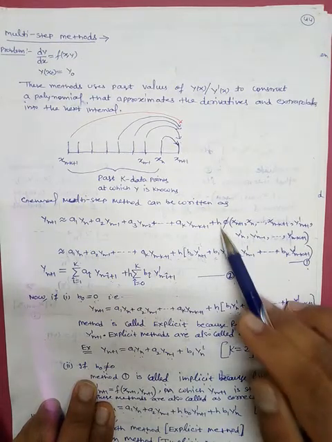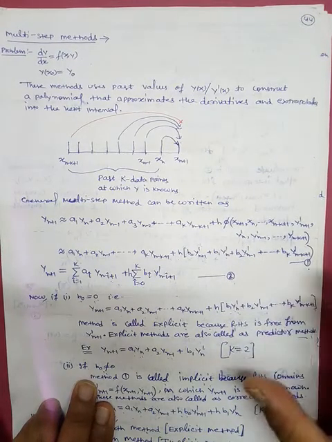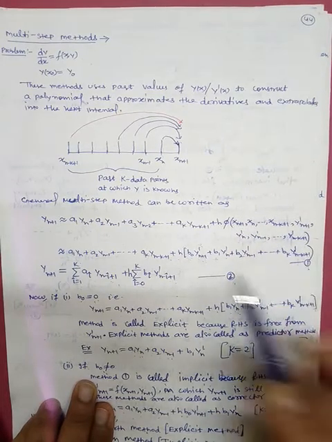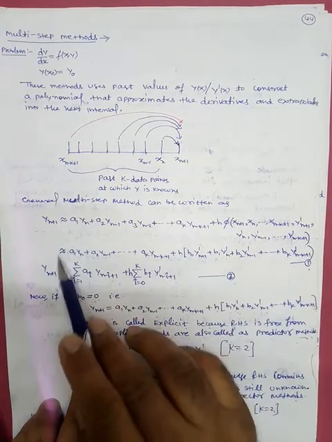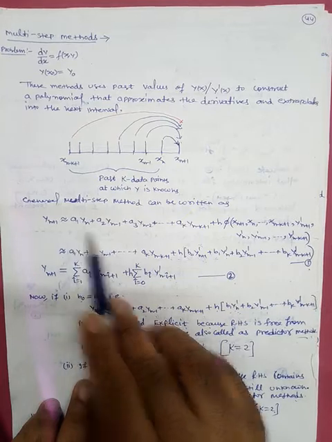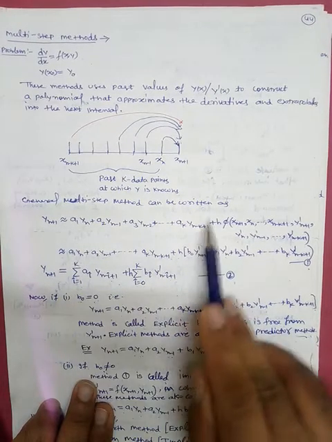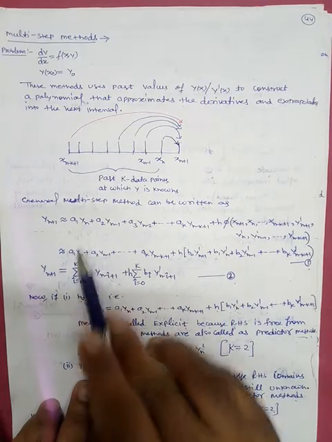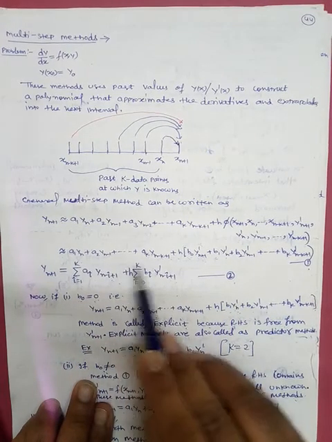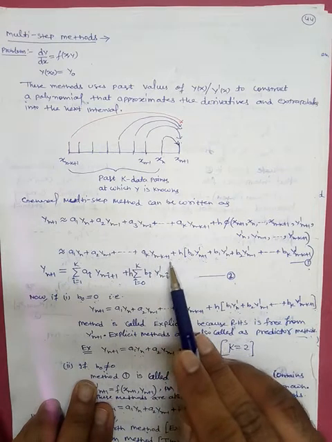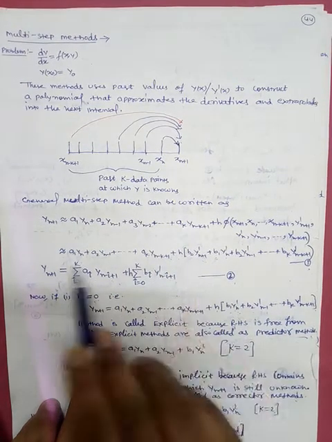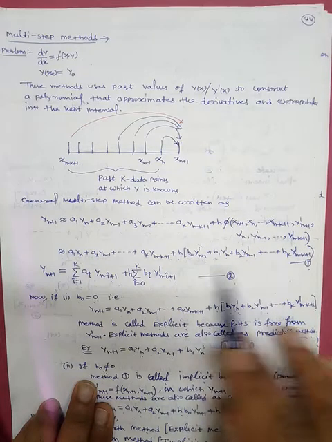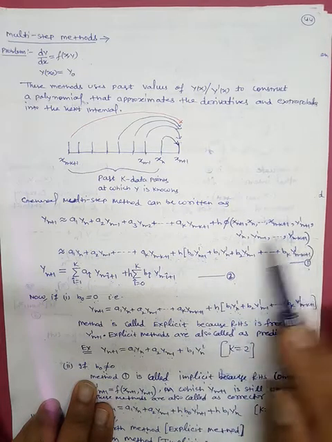Now since phi is not known to you, for simplicity we will take the linear function, and hence y n plus 1 is approximately equal to the same terms as before, a1 y n plus a2 y n minus 1 up to a k y n minus k plus 1, plus h times the linear function of the derivatives.